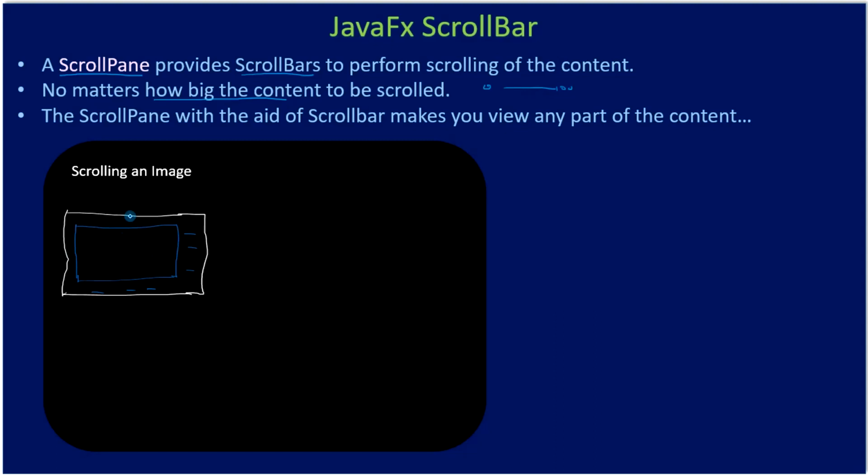So the outer one is the stage, or we can state the outer one is the window. Inside we will be having a ScrollPane. Then you can provide a document that you want to scroll.